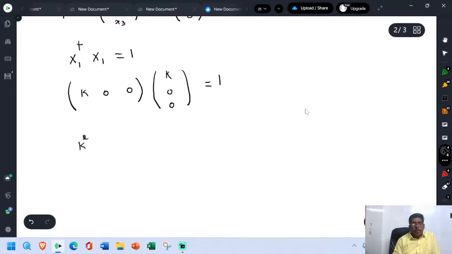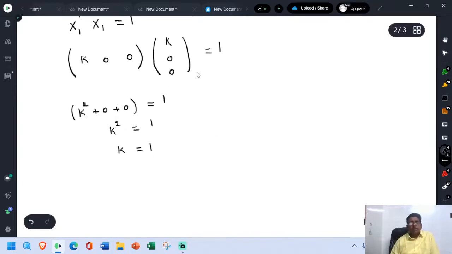k into k square plus 0 into 0 plus 0 into 0, which is equal to 1. K square equal to 1. Therefore k equal to 1. Let's take the positive root.